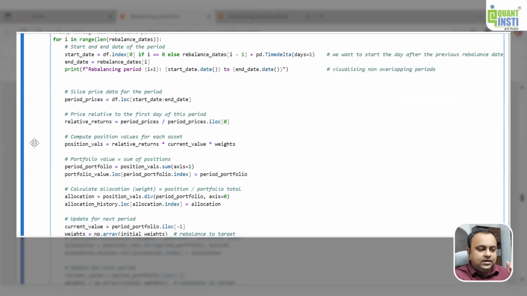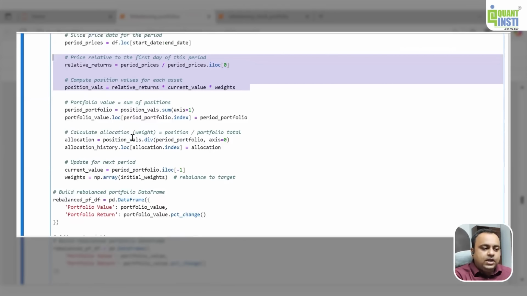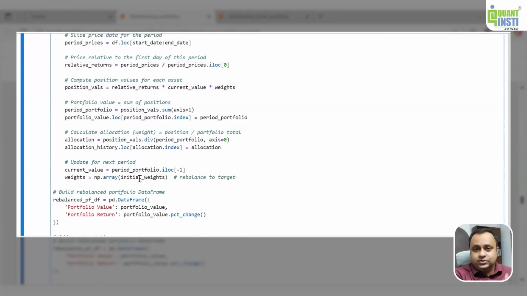When this is done for one particular range of time, I combine it with the other ranges of time, and put together, I reach my overall allocation history as well as my portfolio value as it would have been if I had rebalanced at the end of every year.